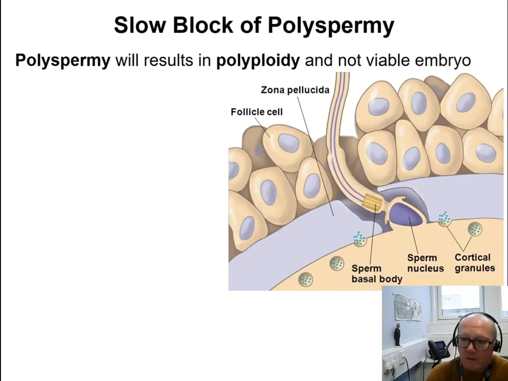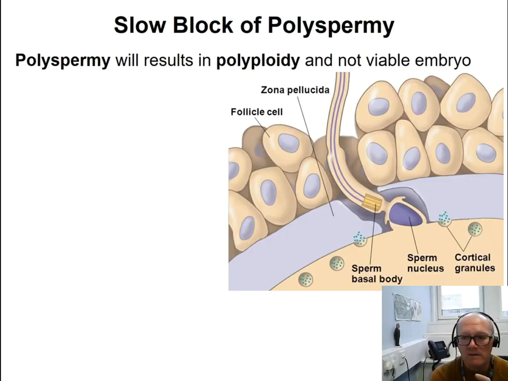Immediately after the fusion of the membranes of the sperm and the egg, a layer of cytoplasm that is near the membrane of the egg releases what are called the cortical granule contents. So there are cortical granules that live just below the membrane of the egg, inside the cytoplasm of the egg, and release their content immediately after one sperm fuses with the membrane of the egg.